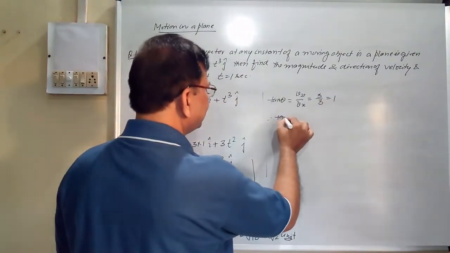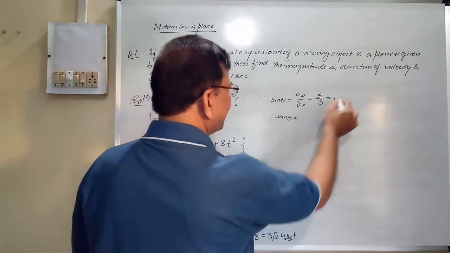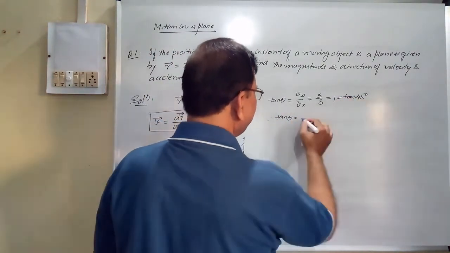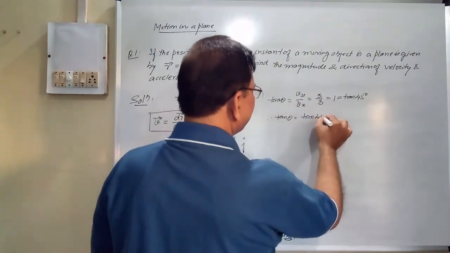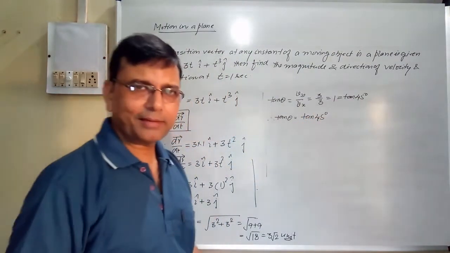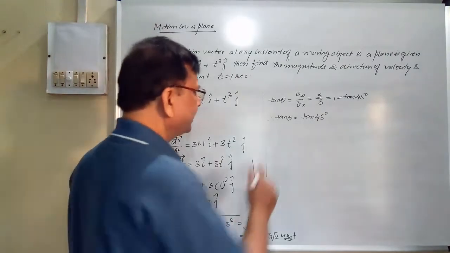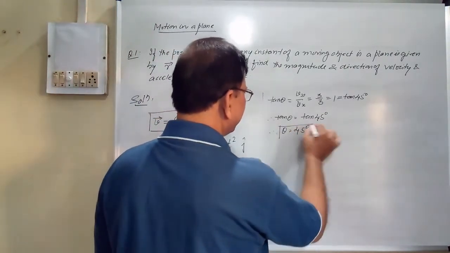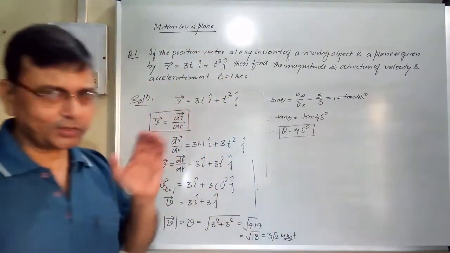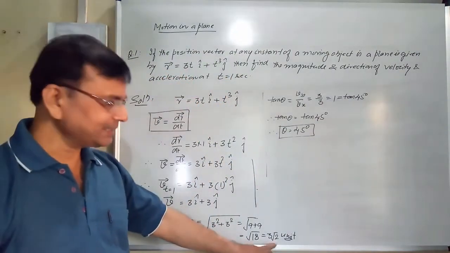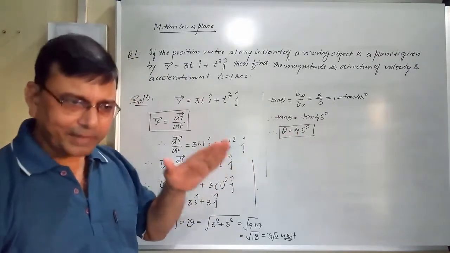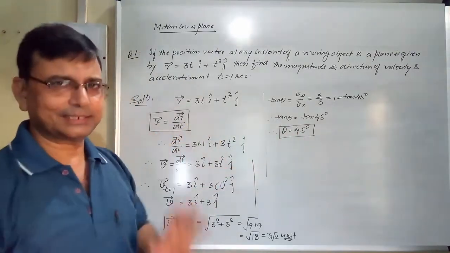Therefore tan theta is equal to 1 means it is tan 45 degrees, because tan 45 degrees is 1, that you already know. Therefore theta is equal to 45 degrees, means the magnitude is this, the direction is 45 degrees making the angle with the x-axis.